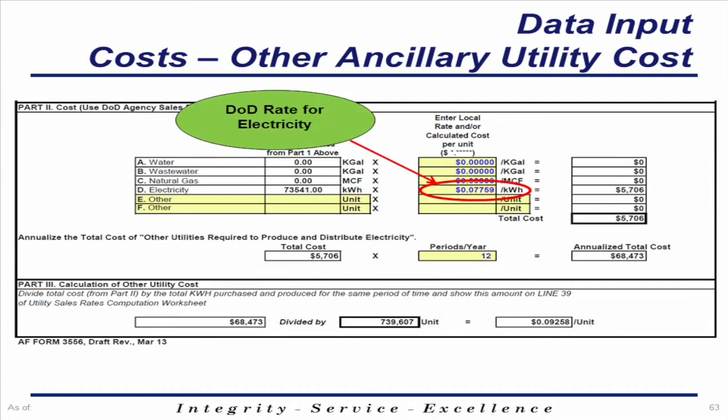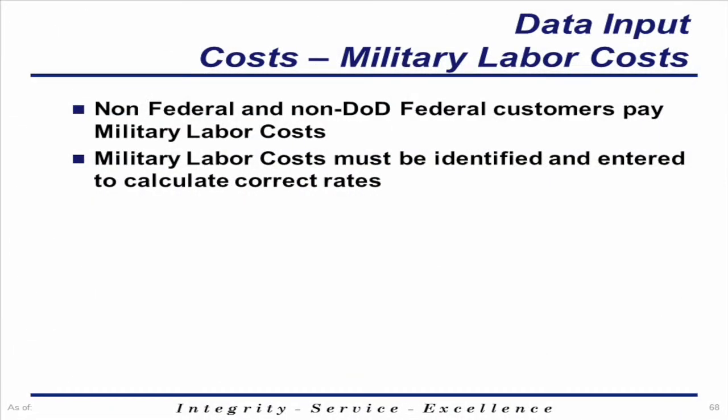You can see that the electricity rate, 0.07759 cents per kilowatt hour, used in this example is from the example Air Force Form 3556 for electricity. Here's the explanation of why military labor has to be tracked and entered separately on the form.